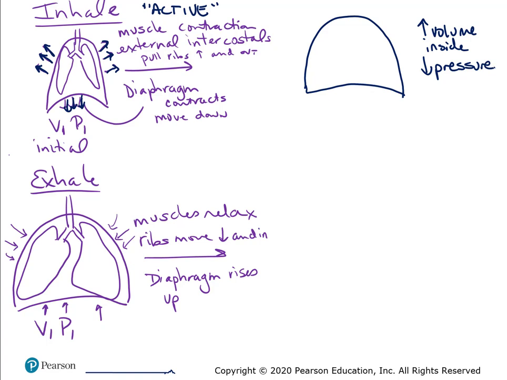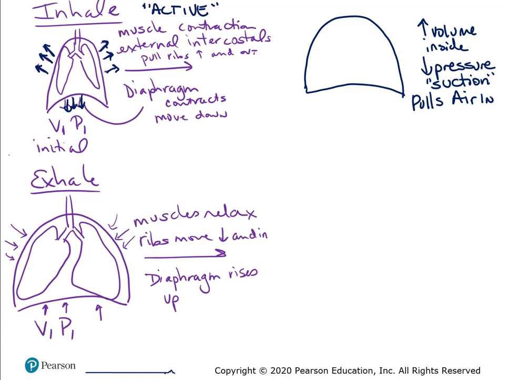Negative pressure is suction. So now this creates suction inside of your airway. And to relieve that suction, you allow air to flow in. So this pulls your air in.